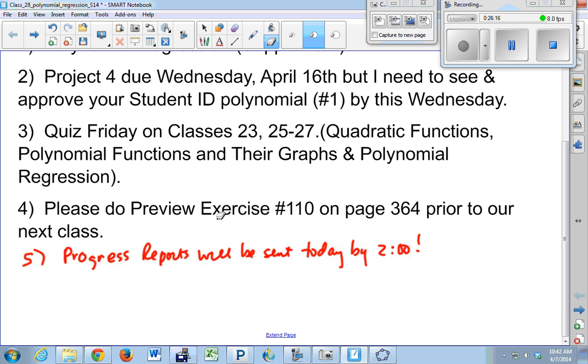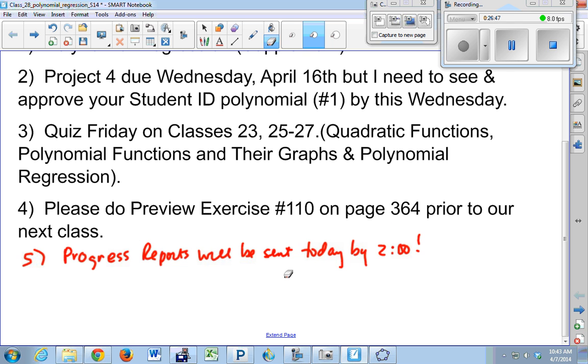And whether or not you do homework for this class, I'd like everybody to do the preview exercise number 110 on page 364 prior to the next class, because in the next class we're going to be dividing polynomials, and this problem will help you review longhand division, which is going to be important.